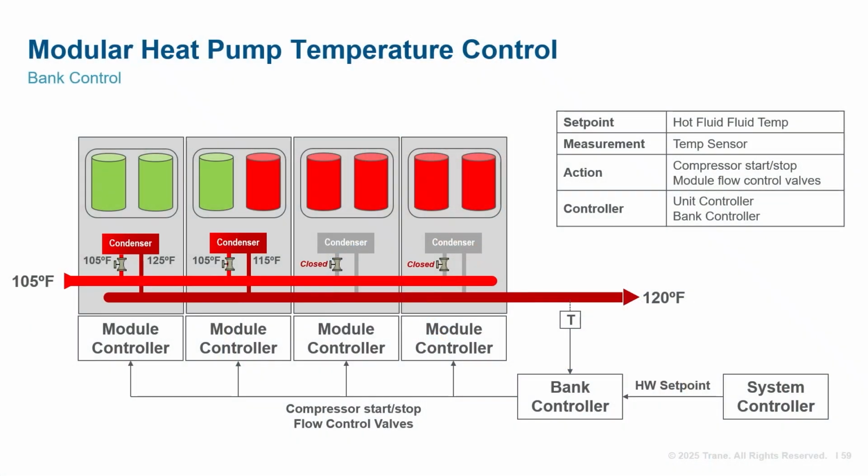Each module has a local controller that energizes compressors, actuates valves, and monitors for fault conditions. The bank controller determines how many compressors are needed to achieve the hot water set point. The bank controller also provides a single point of communication for the BAS or system controller.